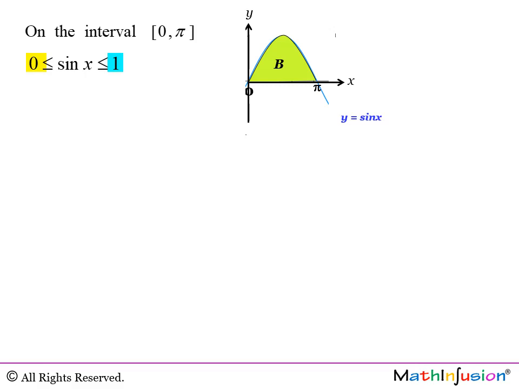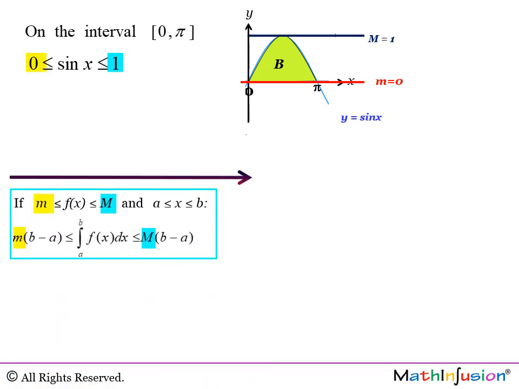We notice that on 0 to pi, sine x is greater than or equal to 0 and less than or equal to 1. So now we are going to use this property to find out something about the area of the region B. When we apply that, m is 0 and capital M is 1, b is pi and a is 0.